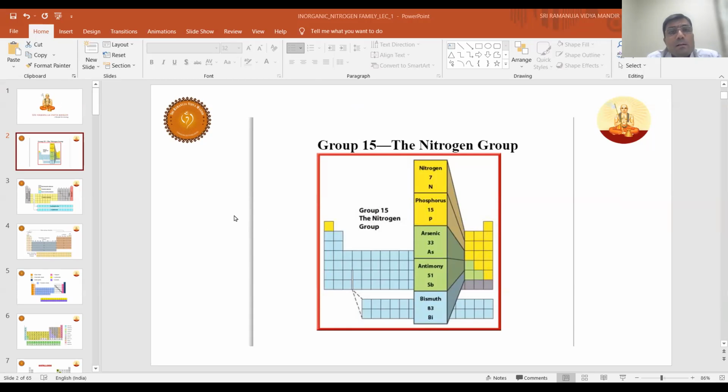The elements of fifth group are nitrogen, phosphorus, arsenic, antimony, and bismuth.